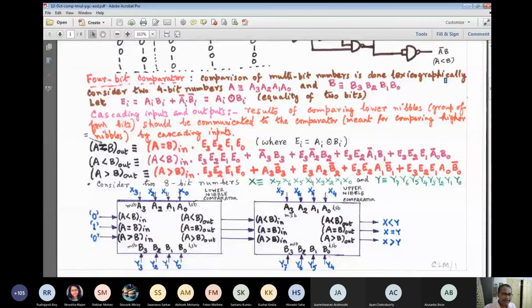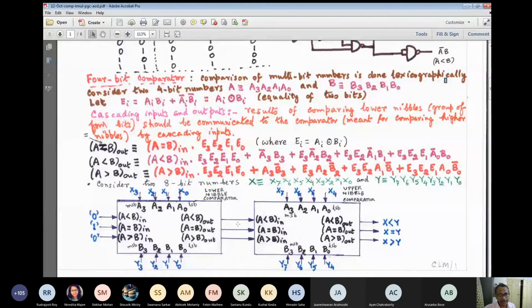The internal construction of the two blocks or multiple blocks is identical, no change. If you blindly put A3, A2, A1, A0, B3 and so on, similarly here also, what I put from the outside will be the actual values. But internally, this gate configuration remains absolutely identical.